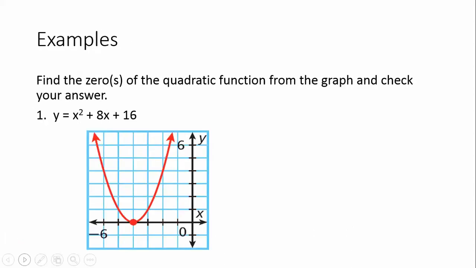So if we look at the graph of the quadratic function, we want to be able to find the zeros of the function from the graph, and then we also want to check our answer. So we're told the function is y equals x squared plus 8x plus 16, and it is graphed here for us. So when you're looking at the graph, you're basically looking for where does the graph cross the x-axis.